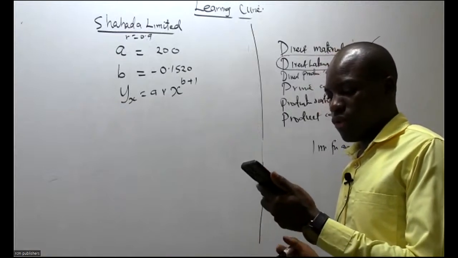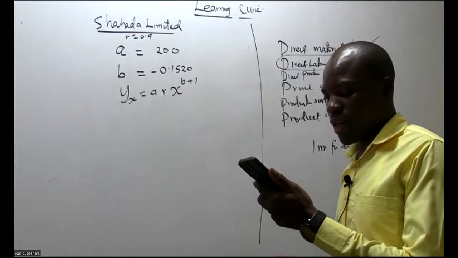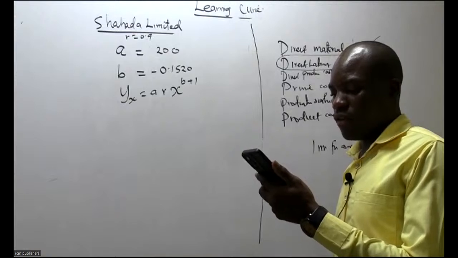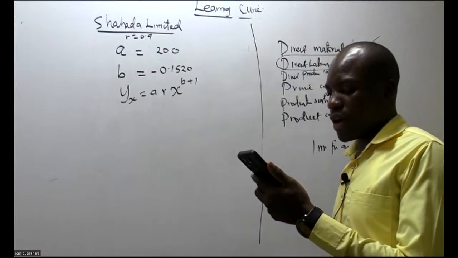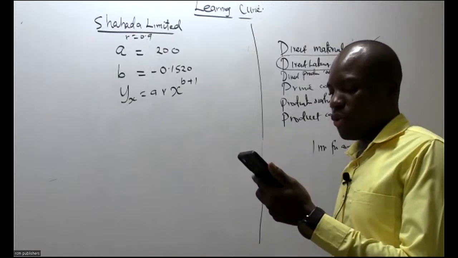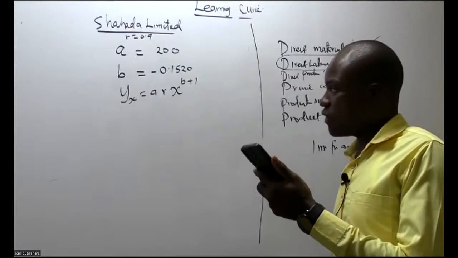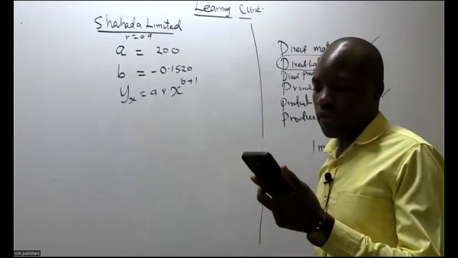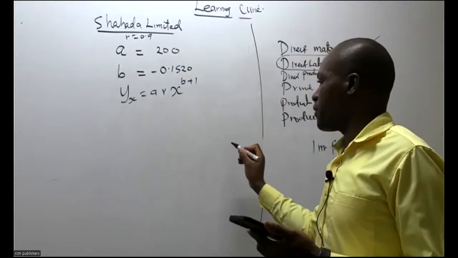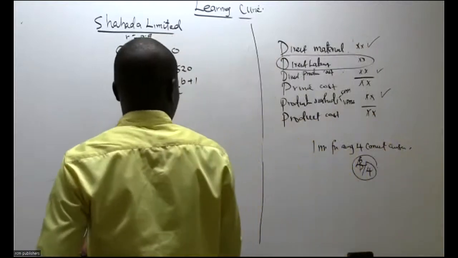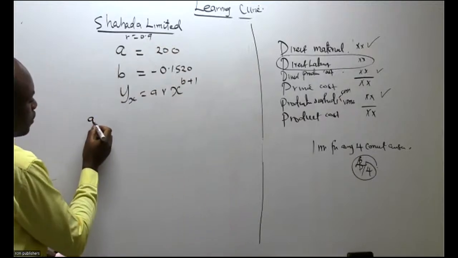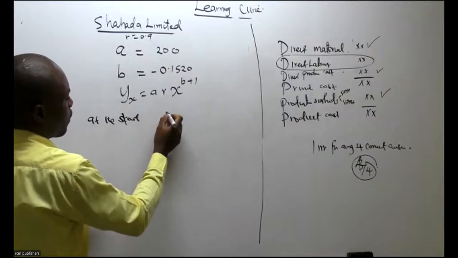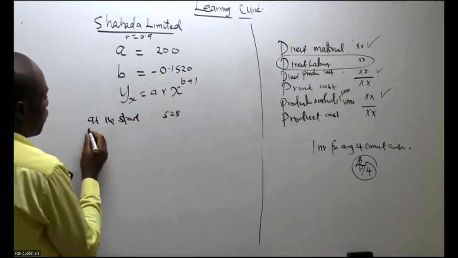Within that question, we are being told that additional information number 1, the following information relates to the previous production period. Cumulative production at the start of the period, they had 528.